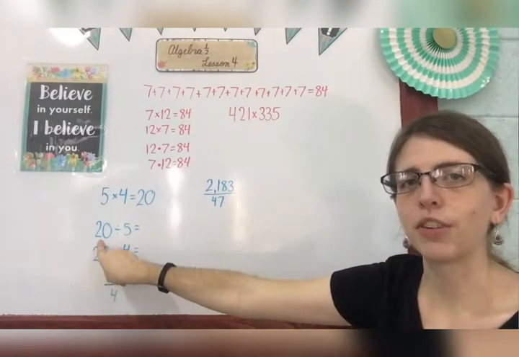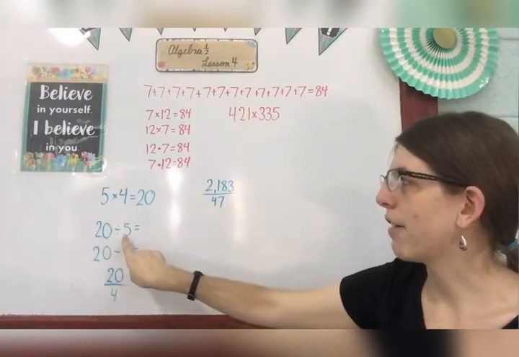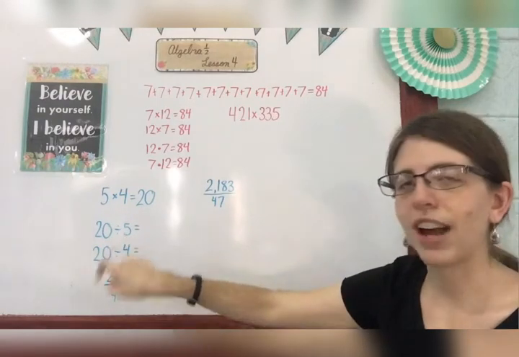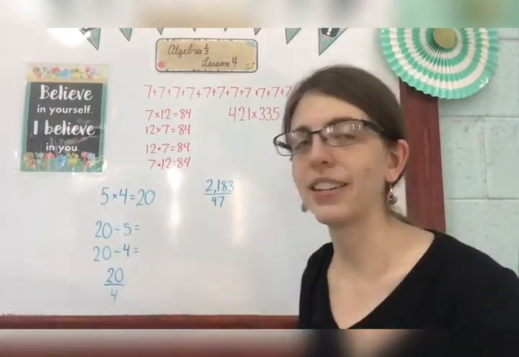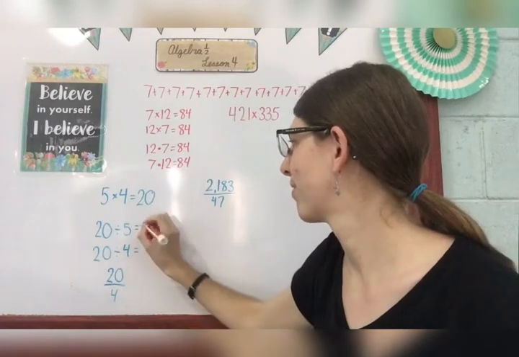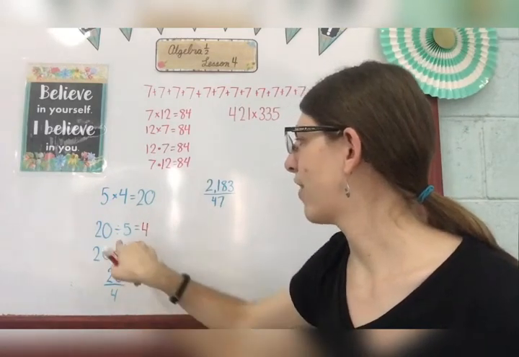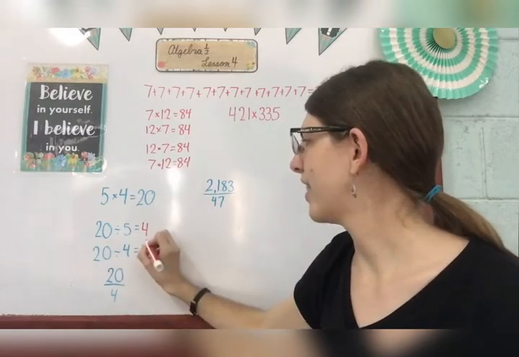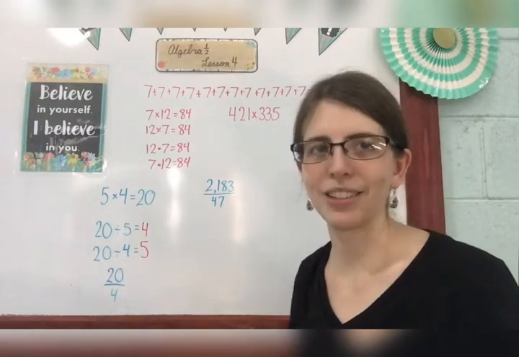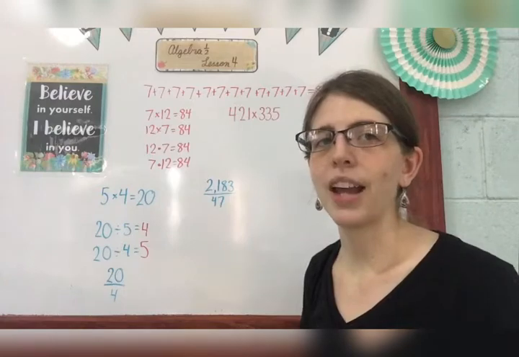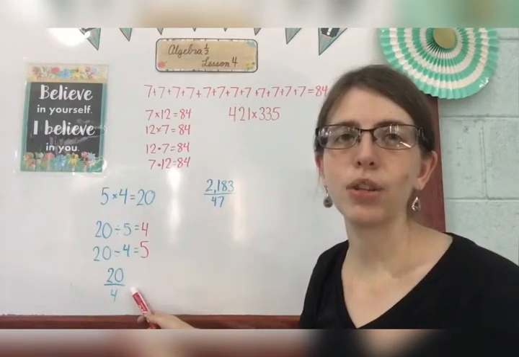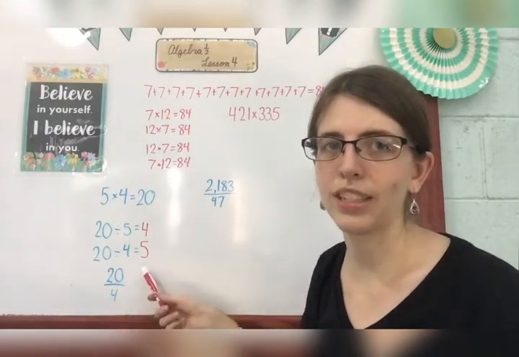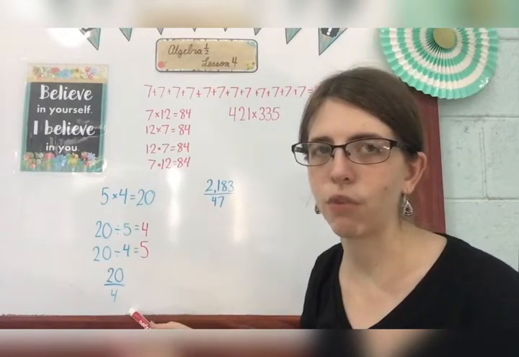Put my bigger number first. 20 divided by 5, the first factor. If I divide 20 by 5, I get 4. And then if I switch these and put 4 first, 20 divided by 4, I get the other number. 5 is my answer. I want to also point out that fraction bars are also used to indicate division. So this also means 20 divided by 4.